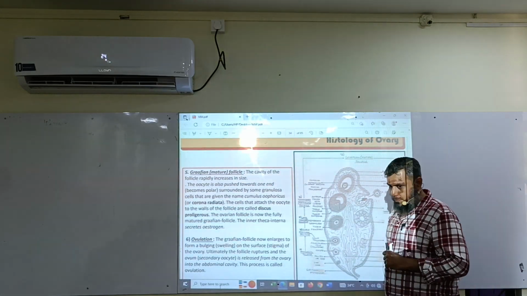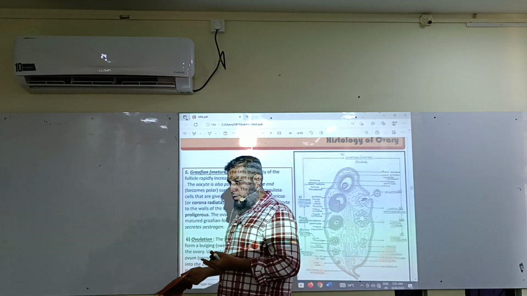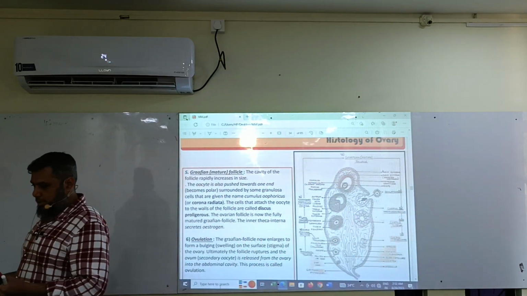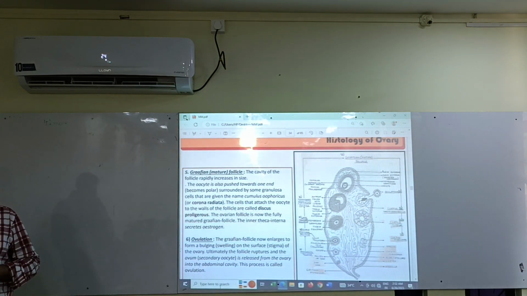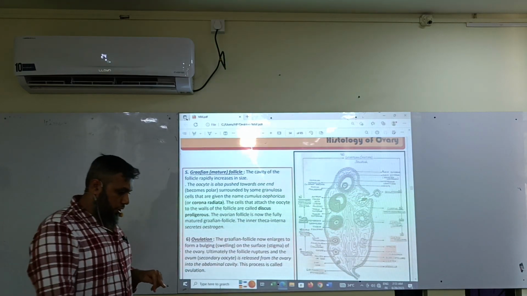So if I ask you which part of the follicle releases estrogen, Shravani, which part of the follicle releases estrogen and which part of the ovary releases progesterone? What is the fate of the corpus luteum? If fertilization occurs, it remains alive, and if it does not, it turns into a scar tissue called corpus albicans. Okay, when is the secondary follicle called as the tertiary follicle?